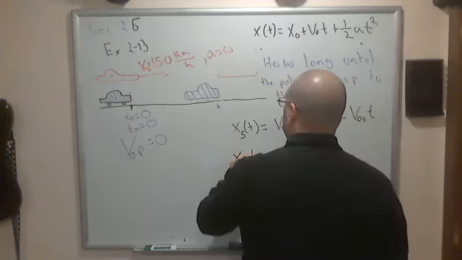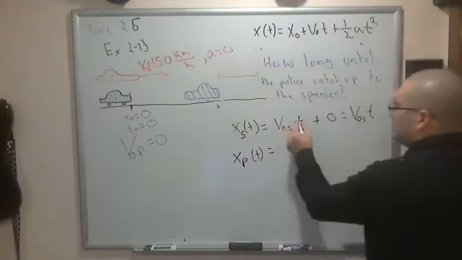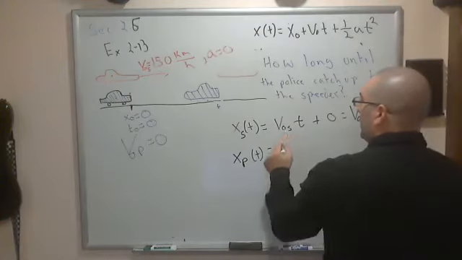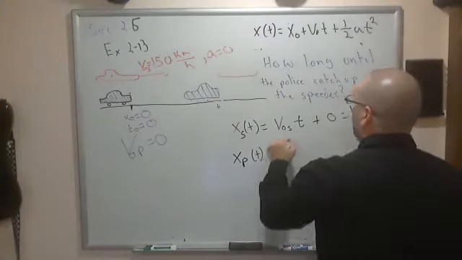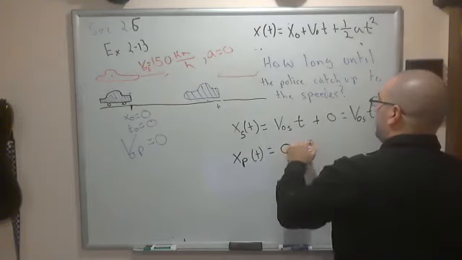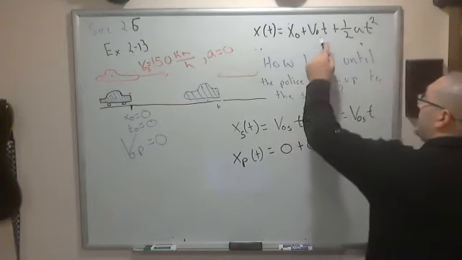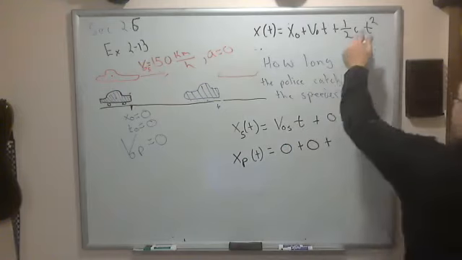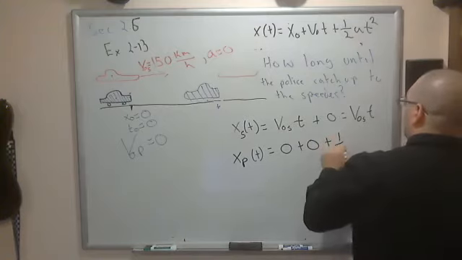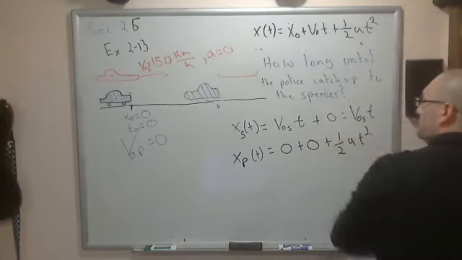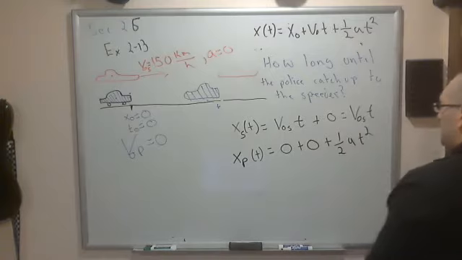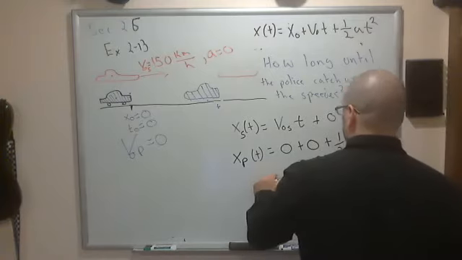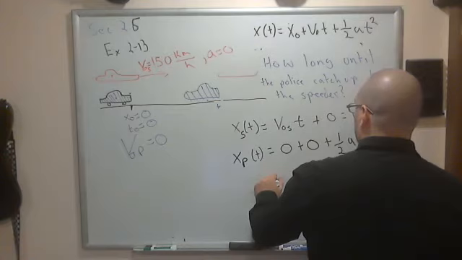Then for the police, the position is 0. The initial speed is 0. And then we have the acceleration, and this ends up just being equal to the acceleration term.